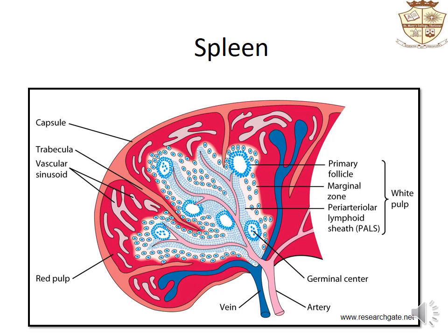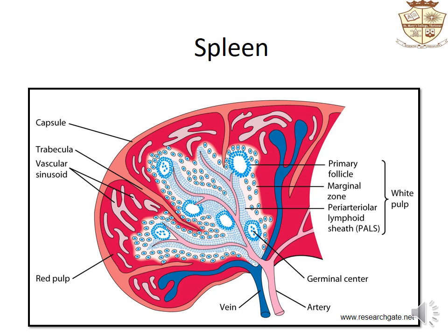The blood-borne pathogens or antigens and the lymphocytes enter the spleen through the splenic artery and will reach the marginal zone, the area between the red pulp and the white pulp. In the marginal zone, the antigens will be trapped by dendritic cells known as interdigitating dendritic cells, which will carry the antigens to the PALS region, the periarteriolar lymphoid sheath.